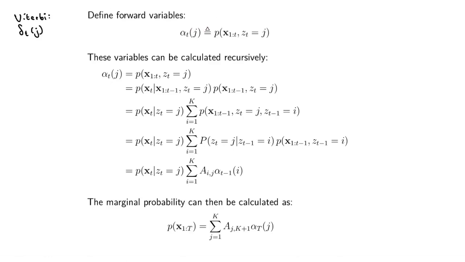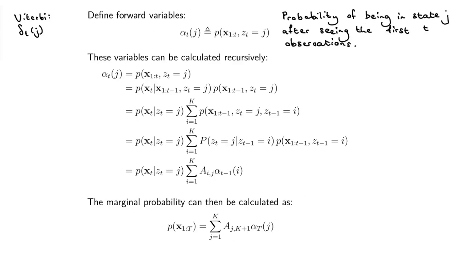You can think of the alpha terms as the probability of being in state j after seeing the first t observations. If you want to, you can jump back and look at the Viterbi algorithm and see how we defined delta t j. This is just the definition for the alphas.